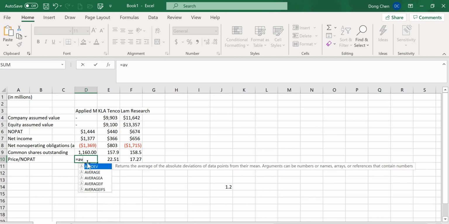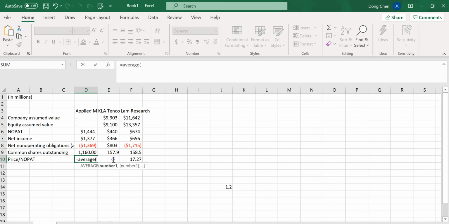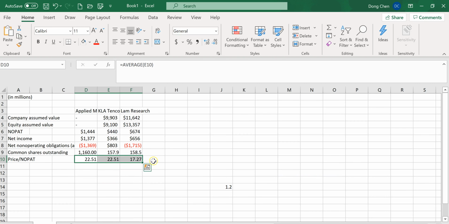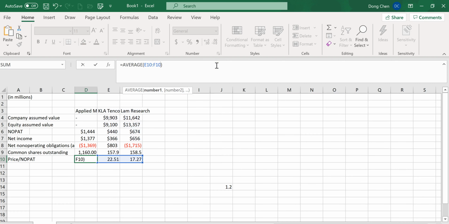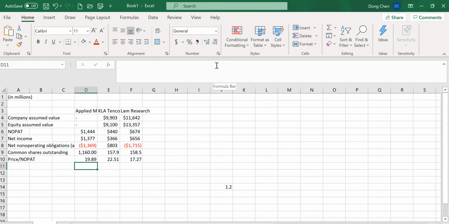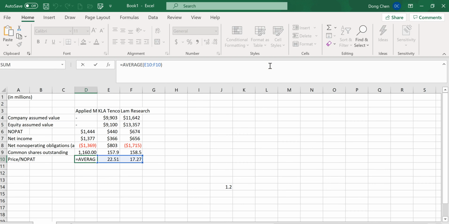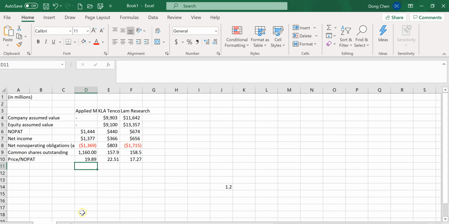So here I can just take the average of these two, E10 and E11. So F10 actually, F10. And I probably need to also round this to 2 decimal places, even though that doesn't change the number.